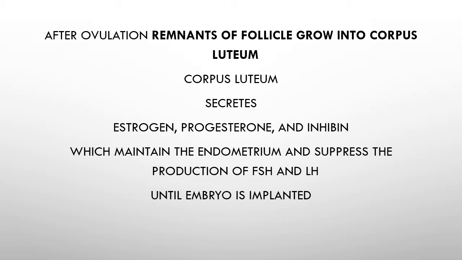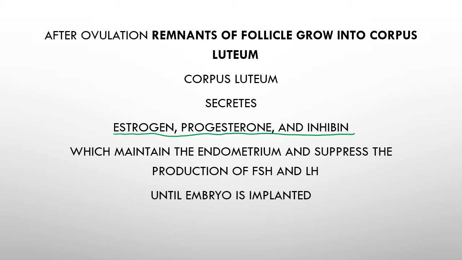But that corpus luteum is designed so that if implantation of an embryo does occur, we're going to get the continued production of estrogen, progesterone, and inhibin, so that we don't get another ovulation, and so that the endometrium stays intact.